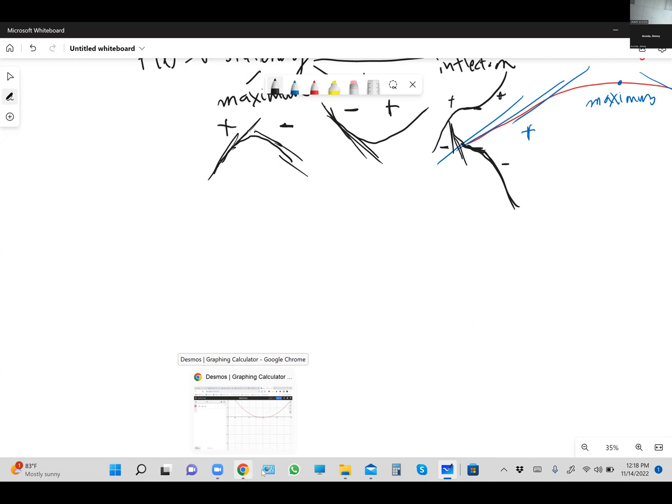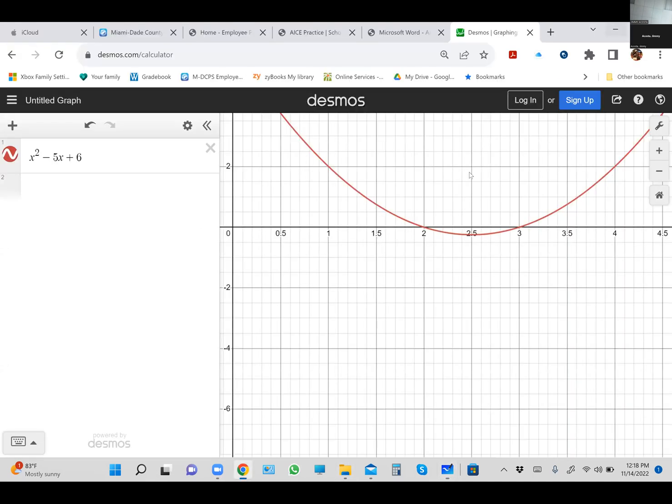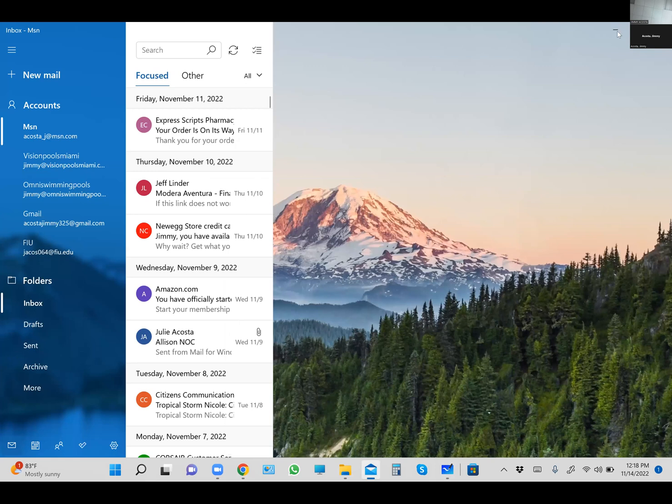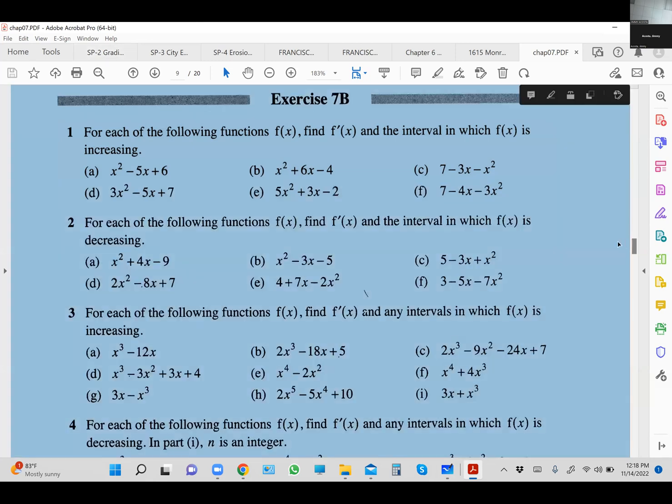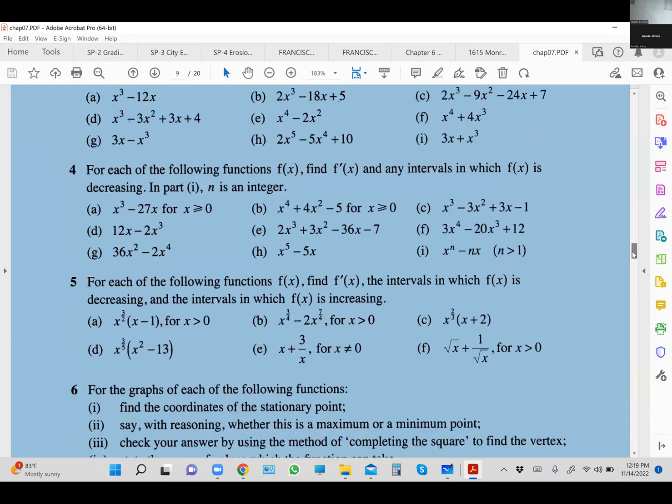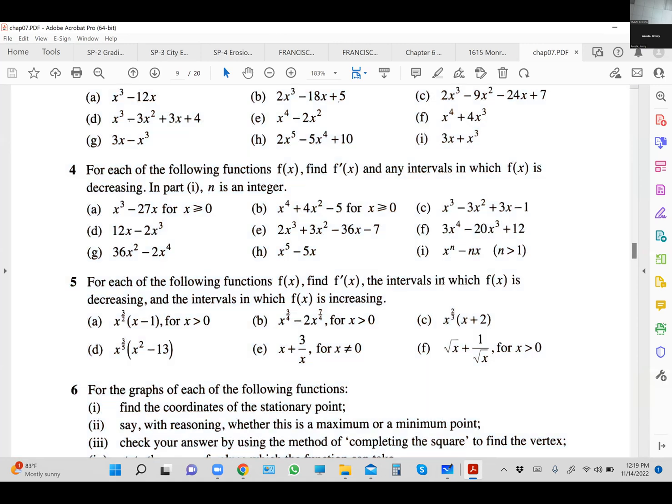So, where's my Adobe? I should have Adobe open. Where is Adobe? There it is. All right, so now let's see, we have a challenging problem here somewhere, which is worthy of us. 5B, I don't want to do that one right now.